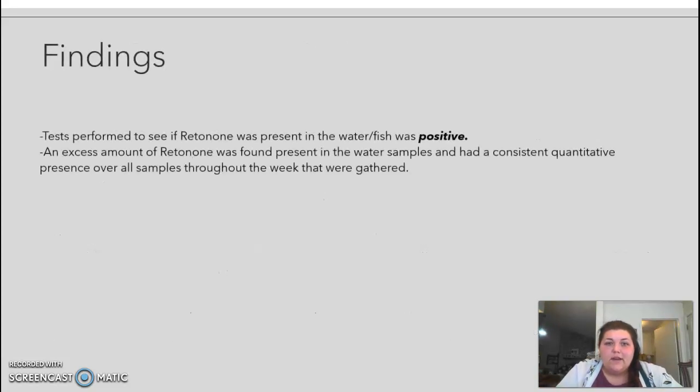So our findings were that the tests that we performed were positive for rotenone in the water, and it was present in the fish samples as well. It was a rather high amount that was found, and it was consistent over all the samples that we gathered throughout the week.